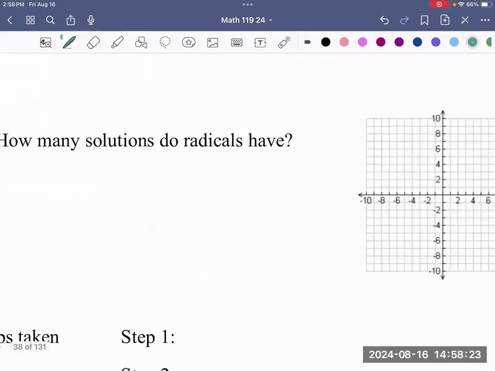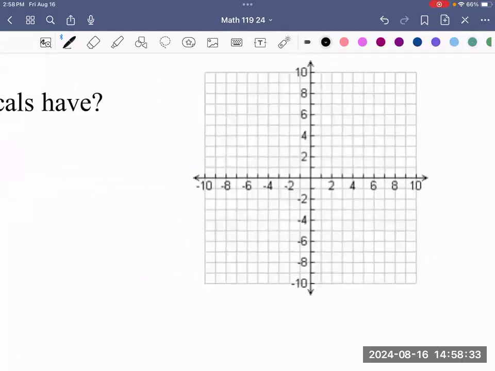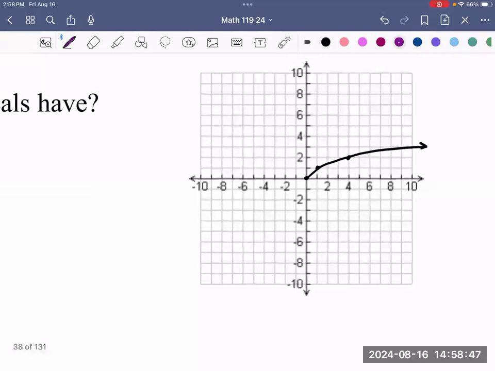However, we will be seeing radicals that have multiple solutions, or so they might appear. Now, how many solutions do radical expressions have? Well, based on their graph, if this is just the graph itself, how many solutions, being another word for x-intercepts, do you have? Well, you have one solution, or one x-intercept.